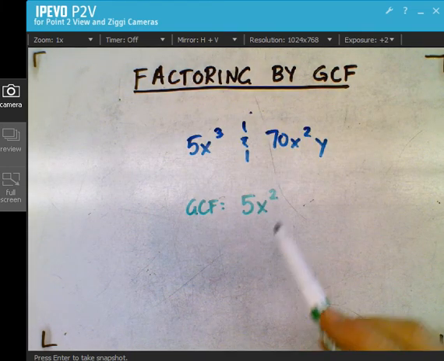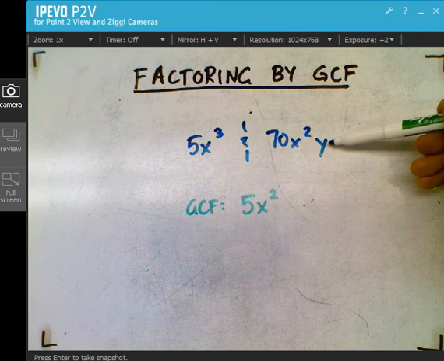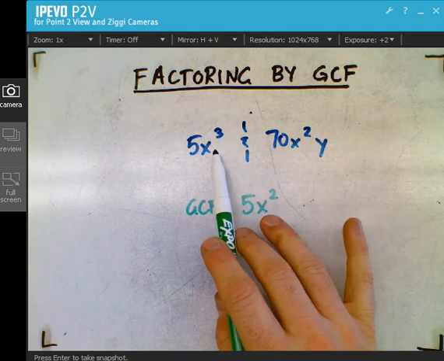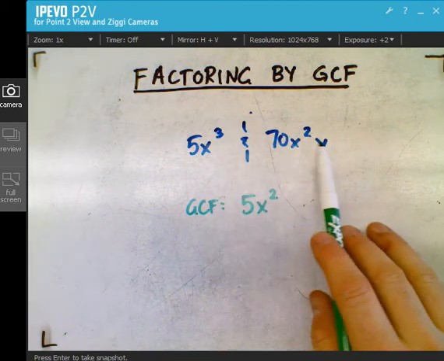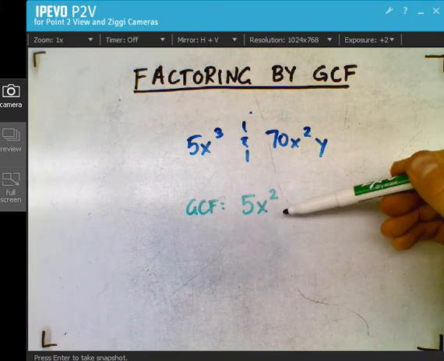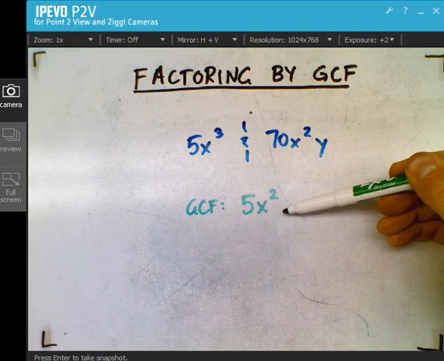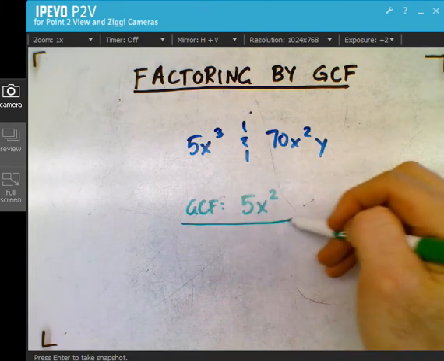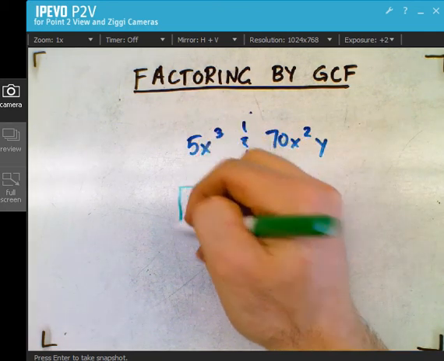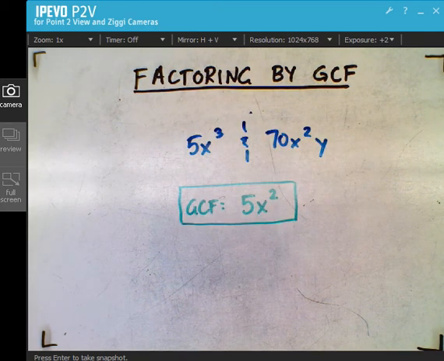And then I want you to notice that this second monomial has a y variable, but the first one does not. If they both don't contain the variable, then certainly they can't have that variable in common. So there's no y in my greatest common factor. In fact, this would be my greatest common factor for these two monomials, 5x squared.